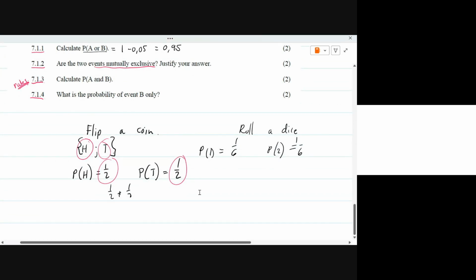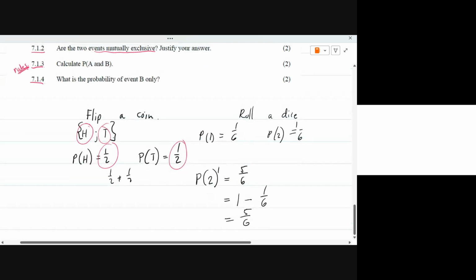If I roll a dice, what's the probability of not getting a 2? Well, the outcomes are 1 or 3 or 4 or 5 or 6. That'll be 5 over 6. That's just the same as 1 minus the probability of actually getting 2, which is also 5 over 6.